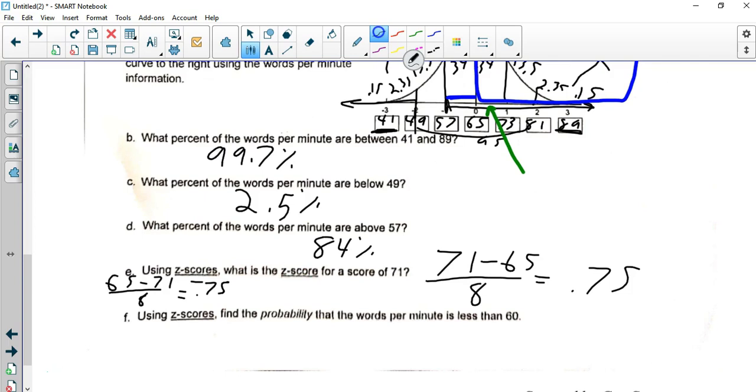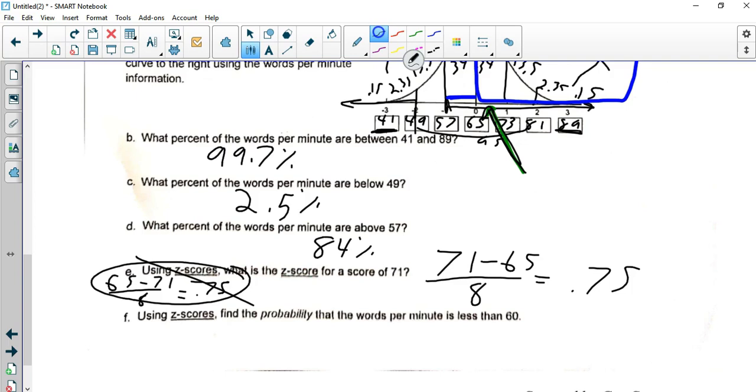Okay? But that's the other side of the graph. And that's why I'm saying, if you look at it and say, here's where I am, clearly on the right side of the graph, so my answer should be positive. So that if you accidentally do this, when you see this negative, you go, wait a minute, that was a mistake. But if you don't think about it ahead of time, it's very easy to just get that number and move on.